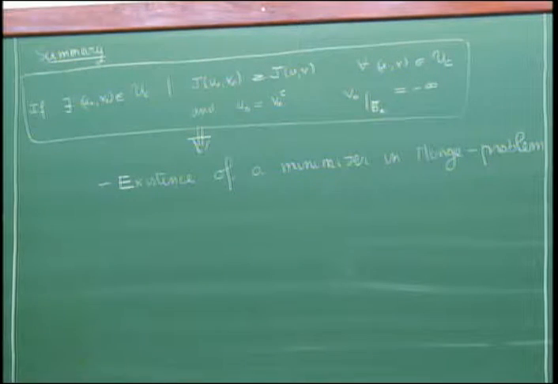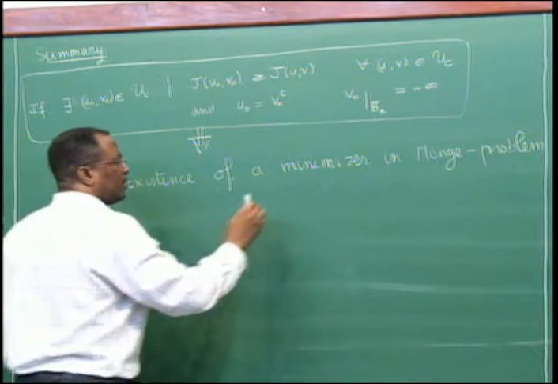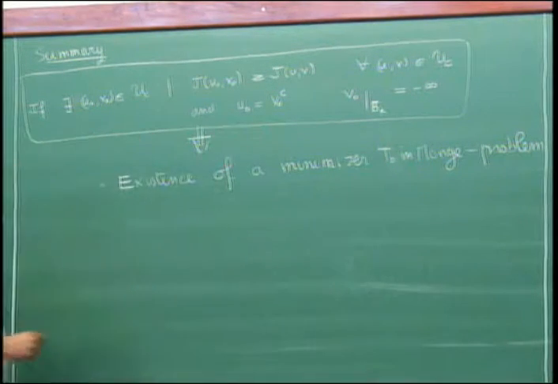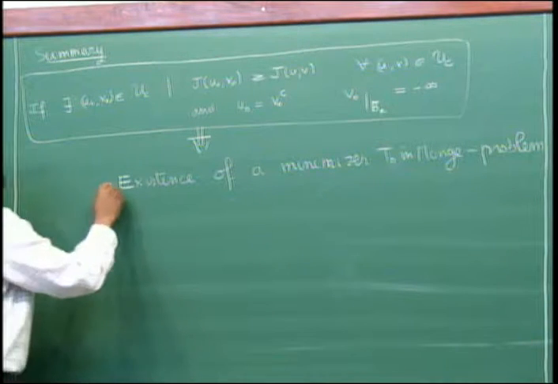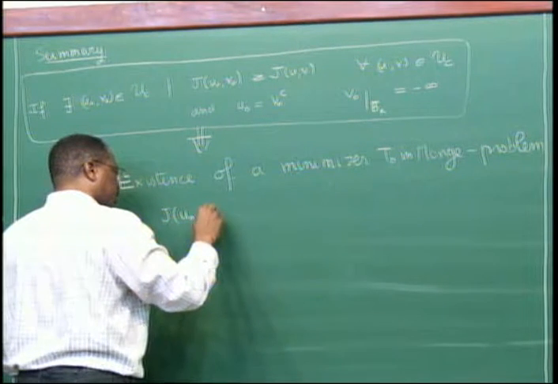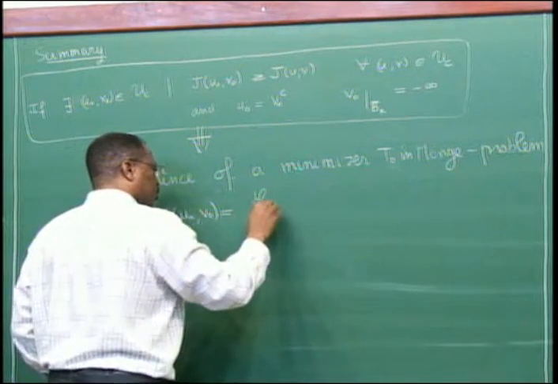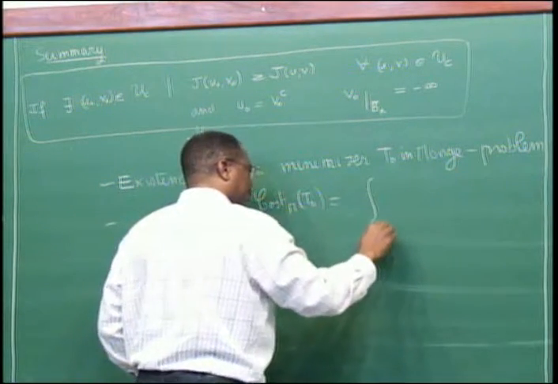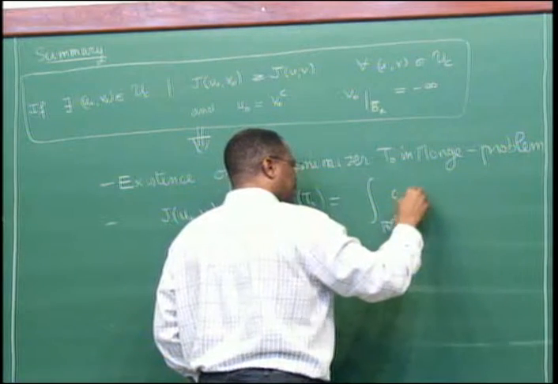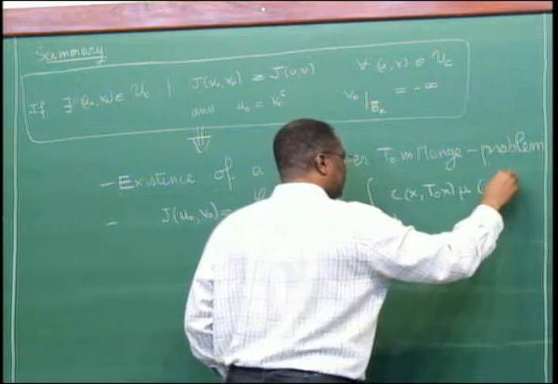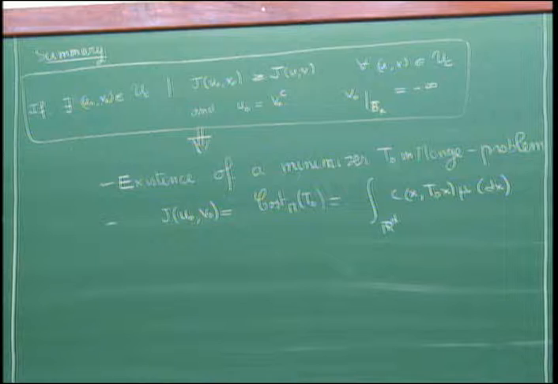And we also prove that, let me call the minimizer T naught in Monge problem. We also prove that in that case J of u naught, v naught is the Monge cost at T naught. So let me recall what that is. This is the integral over Rd of c of x, T naught of x, mu naught dx. And so we have the duality result we want.